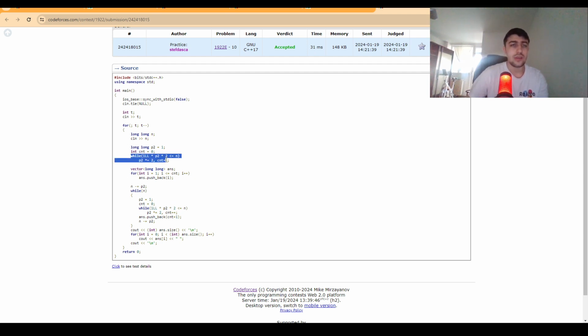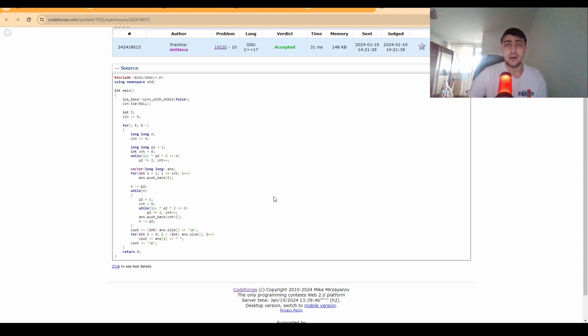As you can see, I repeated the same thing here to make sure that I properly compute the nearest power of 2. There is no point in binary searching over this because the array is already supposed to be small enough. After that, I just printed the array, and it was a very straightforward accepted solution.